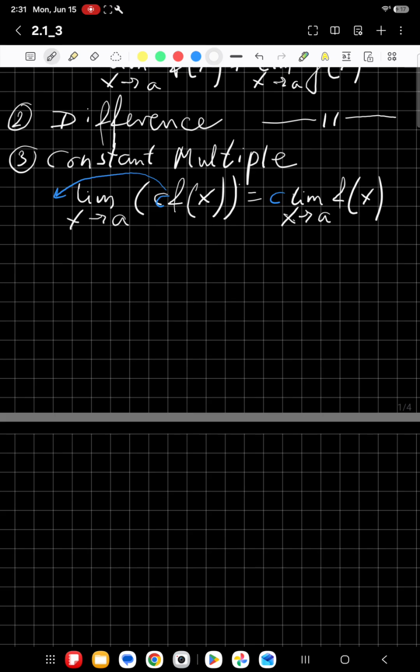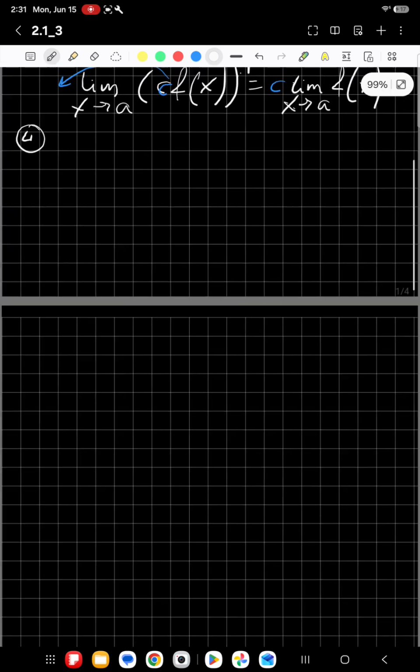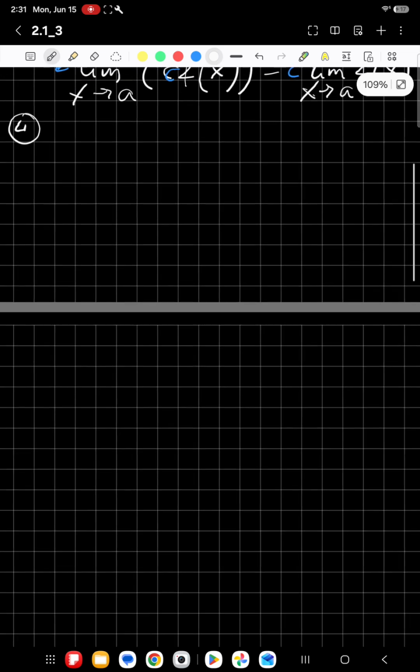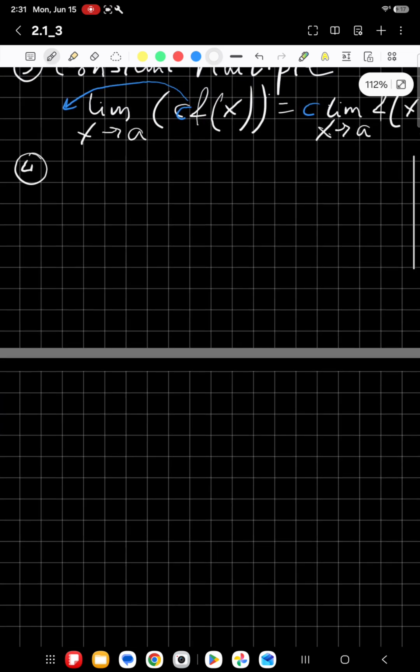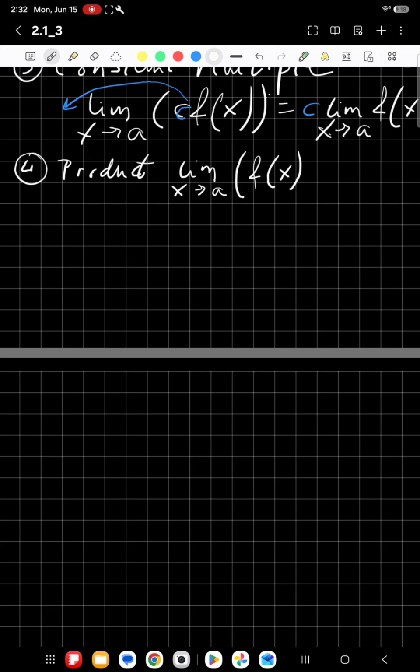When I have a limit of a product, so product, what that means is I have the limit with x approaching a of two functions multiplied, f of x times g of x.